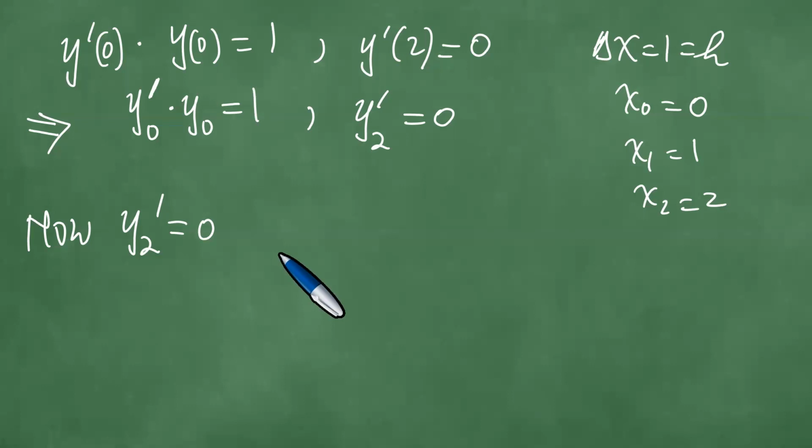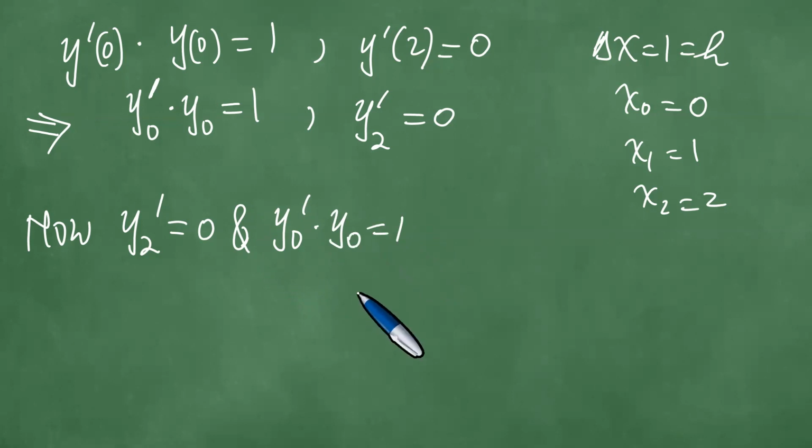So we're right back. Now I was saying that okay, we can see that y2 primed is equal to 0. But also we can see that y0 primed like this is 1. Now this is the case.